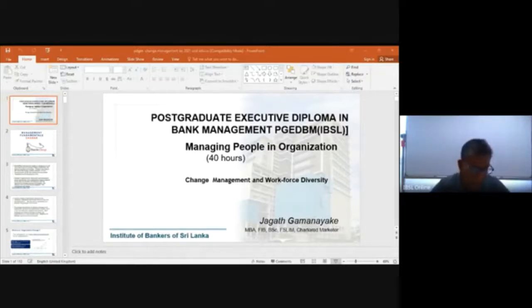Those are the general factors. And internal factors are the changes that took place due to internal triggers, internal forces: goals, objectives, plans of the company, right?